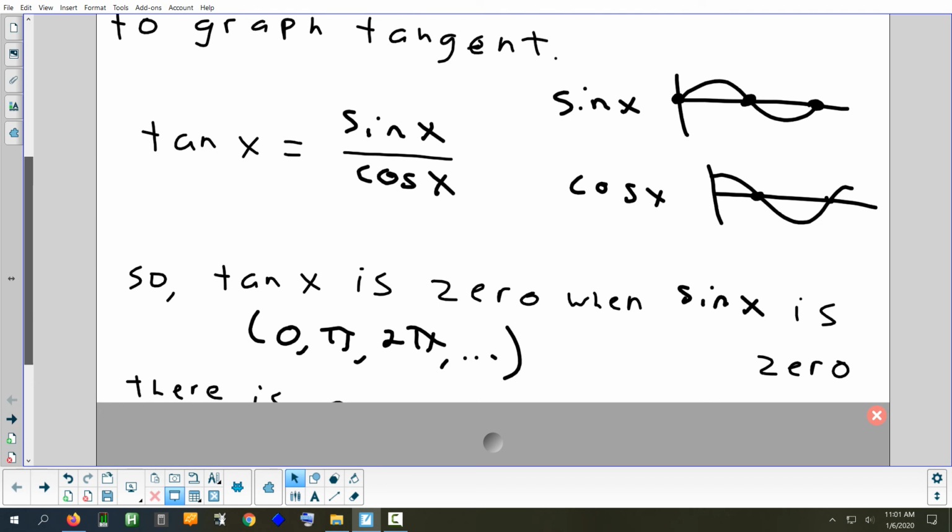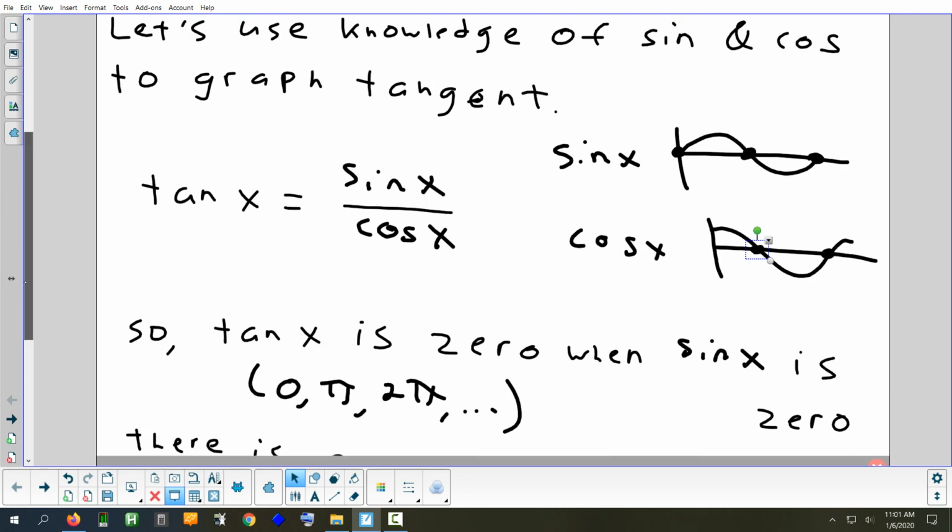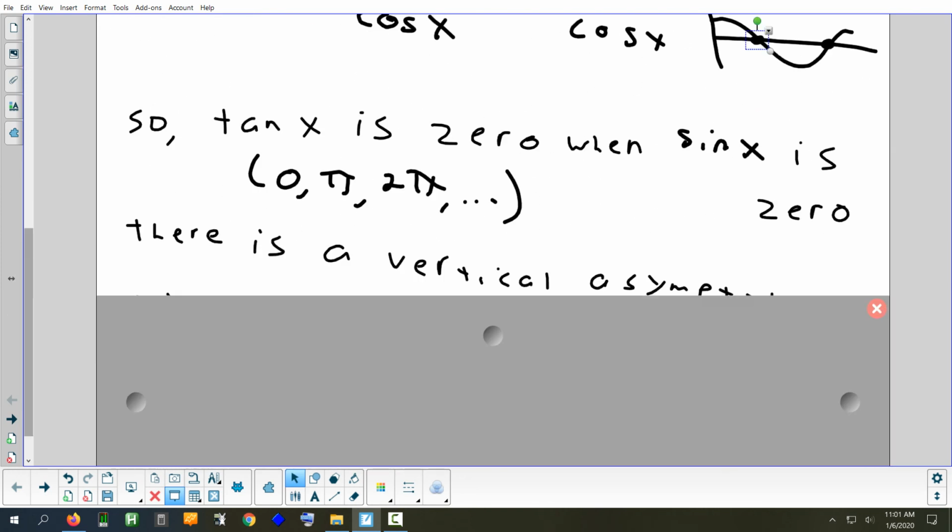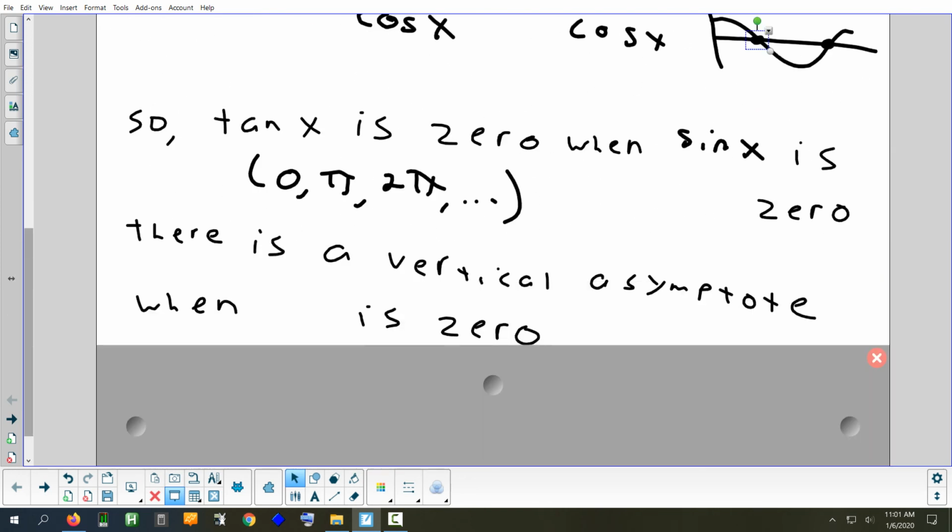Here and here, at least in the first cycle. That's a quarter of the way through the first cycle right there. Does anybody remember what the point is when you're a quarter of the way through the cycle? Yep, pi over 2. And how about 3/4 of the way through the cycle? Yeah, 3 pi over 2. Very good.